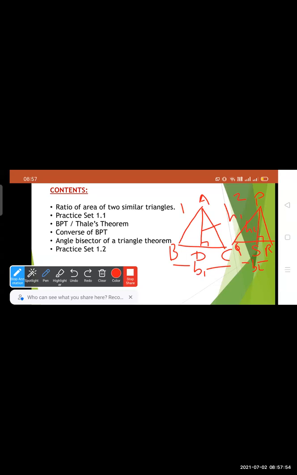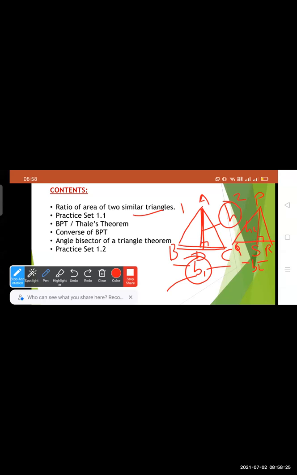If we know which one is the height and base of a triangle, then we can easily find the ratio of the areas of two similar triangles. I hope this concept is clear. Here we draw one altitude that is considered as the height of a triangle, and it is perpendicular to the side which is called the base. So for finding the ratio of the areas of two similar triangles, first we find which one is the height and which one is the base of the triangle.